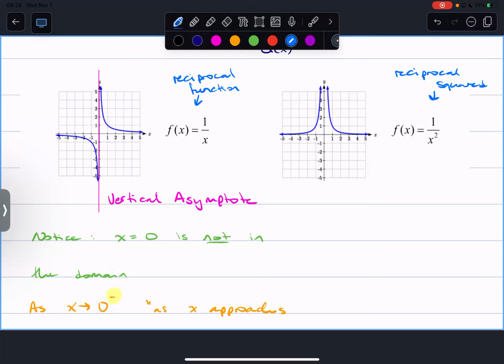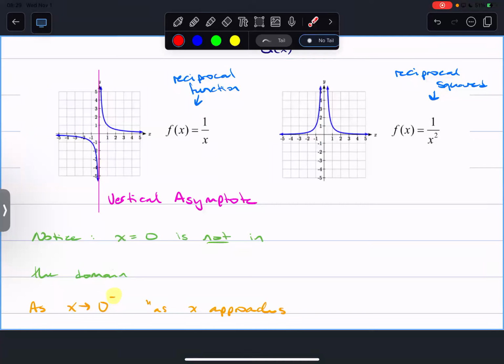Well, looks similar, right? Except now x squared turns all the x's, even if they're negative, makes them positive, and it really just flips this up to the positive y's, right?